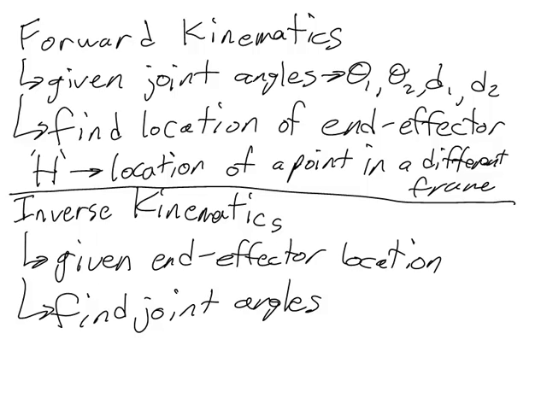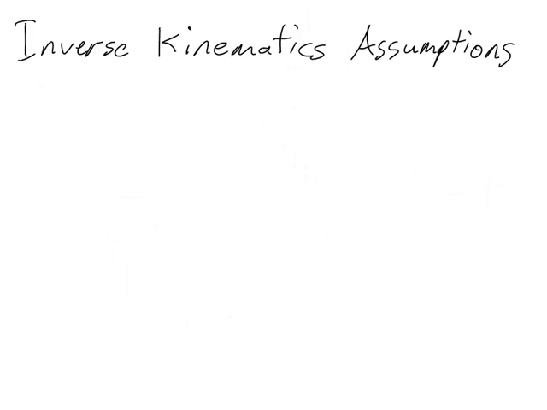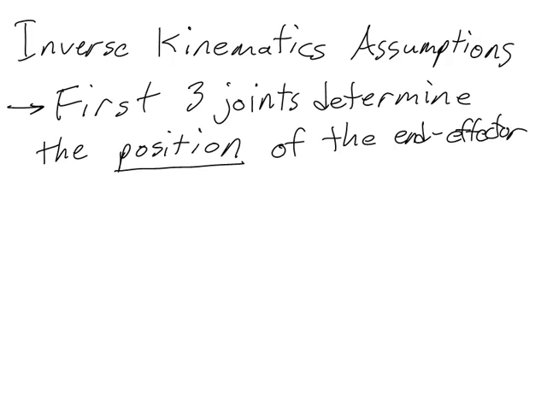Unfortunately, the inverse kinematics problem is also somewhat more difficult than the forward kinematics problem. In fact, the inverse kinematics problem is so difficult that we can only solve it if we make a couple of assumptions to begin with. Our first assumption is that only the first 3 joints of the robot manipulator determine the position of the end effector. And we're not particularly going to try and make those first 3 joints put the end effector at the right rotation.